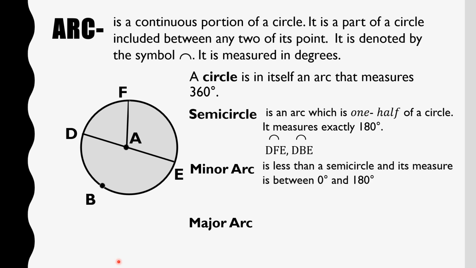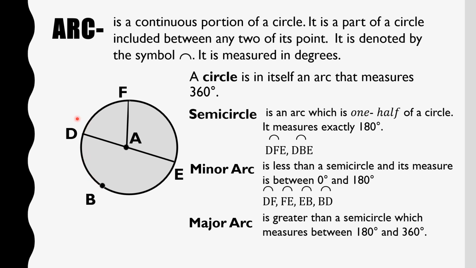Minor arc is less than a semicircle, and its measure is between 0 degrees and 180 degrees. A minor arc is named using the two endpoints of the arc. In this case, we have arc DF, arc FE, arc EB, and arc BD. Lastly, we have the major arc.